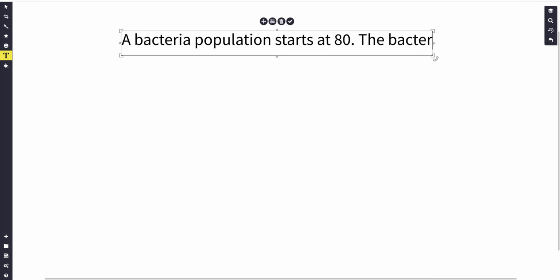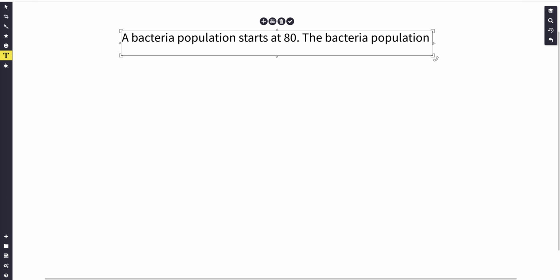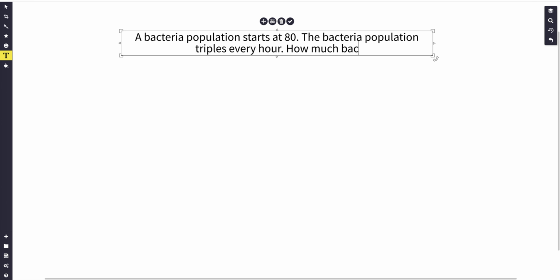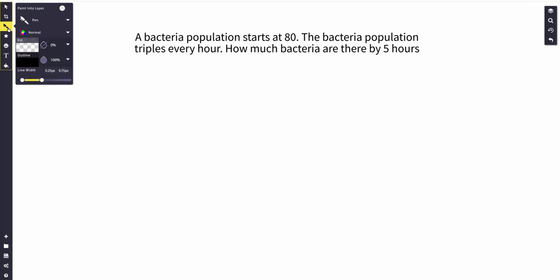The bacteria population triples every hour. How much bacteria are there by 5 hours? Okay, this is a trickier question, I would say, compared to the one we had previously, but let's just start off with what we know.